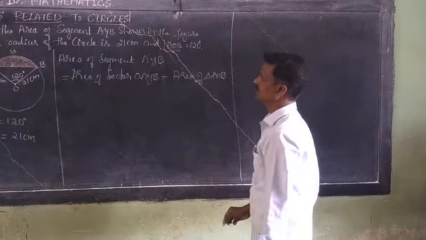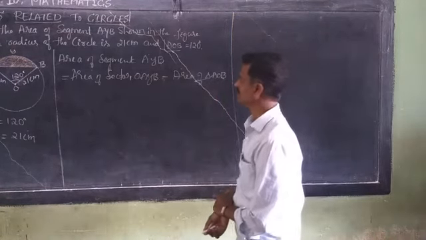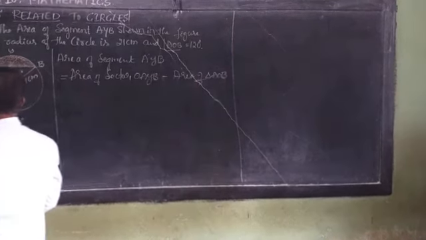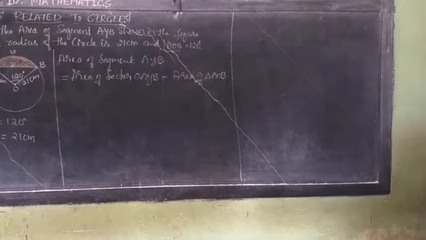In this way, we have to find the area of the segment AYB. Okay, understand? The area of the segment is given by the area of this sector OAYB. You have to find the total area of this sector. After finding the total area of this sector, we have to subtract the area of this triangle.